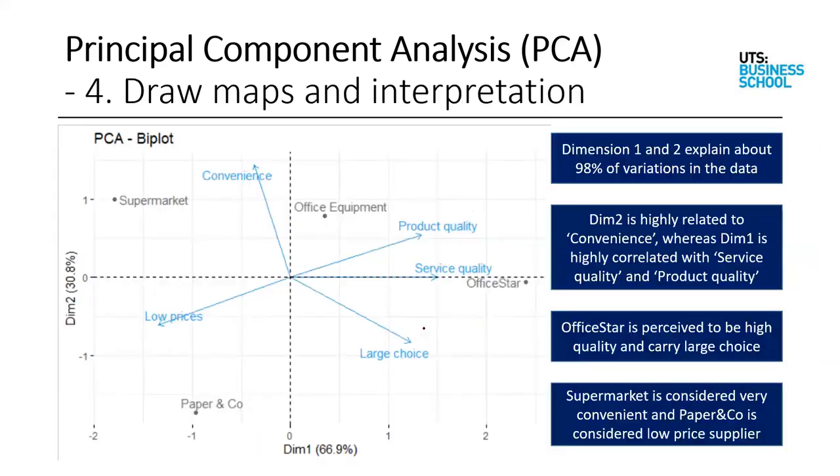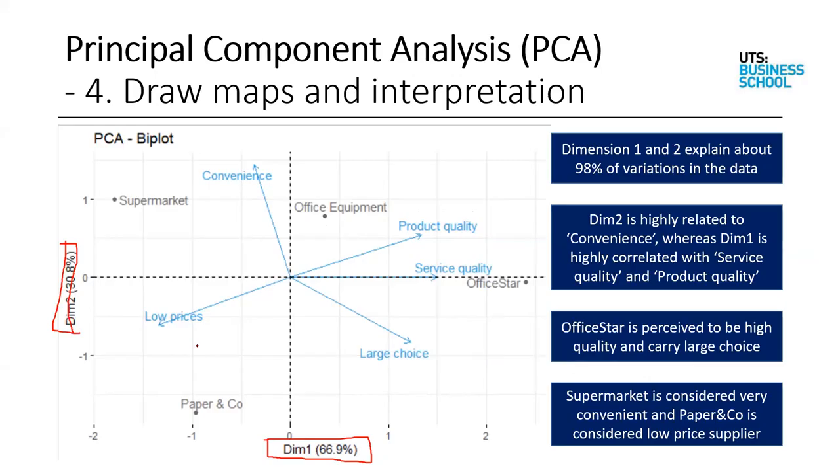So let's take a look and see what is important. It's important to see what principal component analysis indicates. PCA tells you that dimension 1 helps to explain 66.9% variation in the data, and dimension 2 explains around 31% variation in the data.